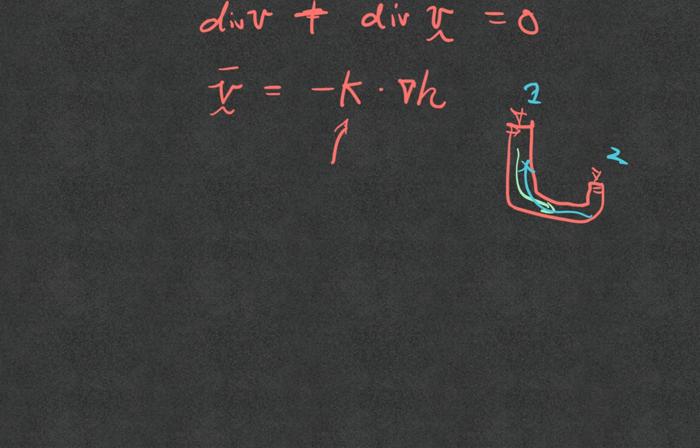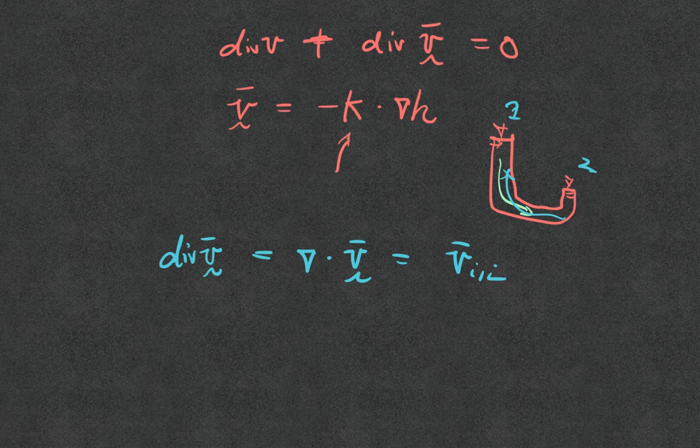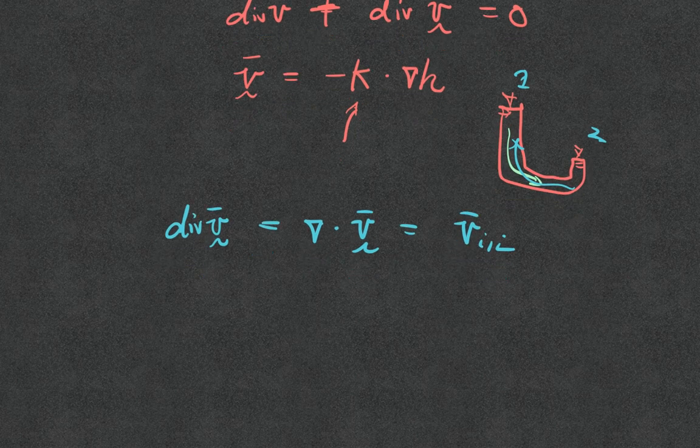Anyway, going back to this, I would have these equations. If I look at the divergence of the Darcy's velocity, I can write it in this more compact form, or in Einstein notation, which is equal to each other.